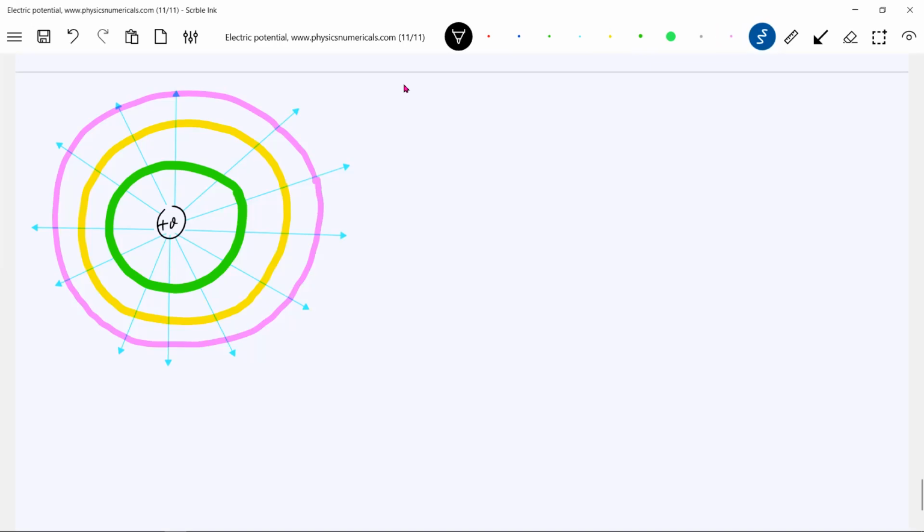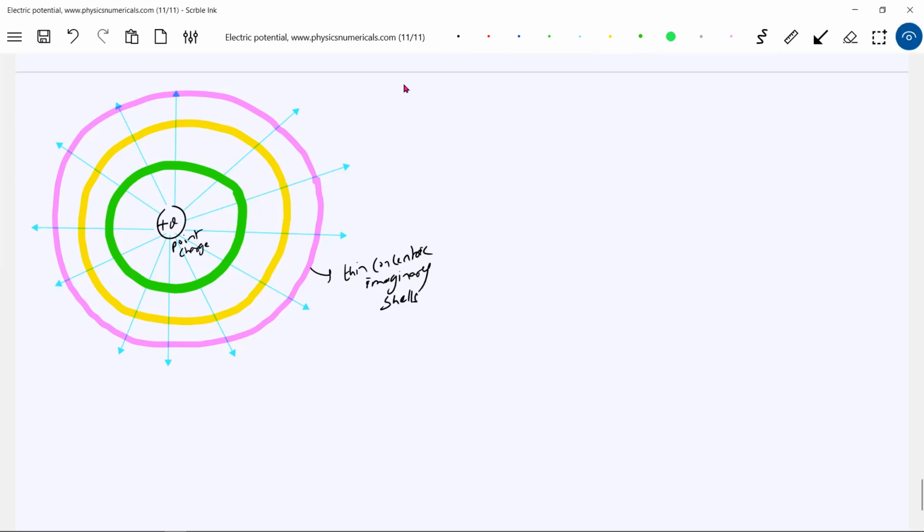Okay, look at now. This is a point charge, so what we have kept at the center, point charge. Okay, what are these circles? No, they are concentric imaginary shells.